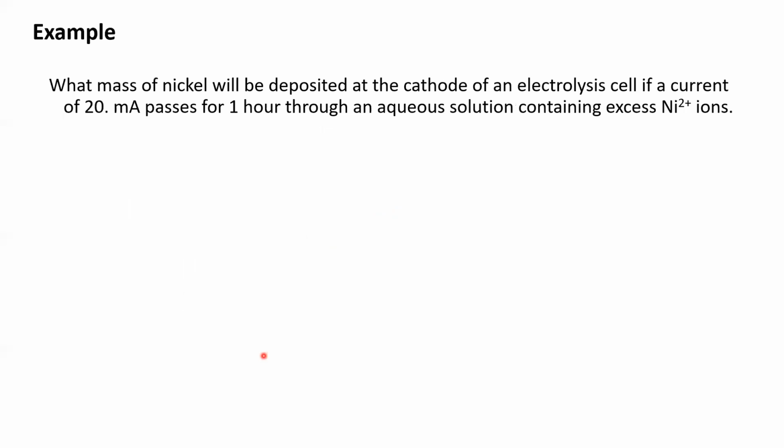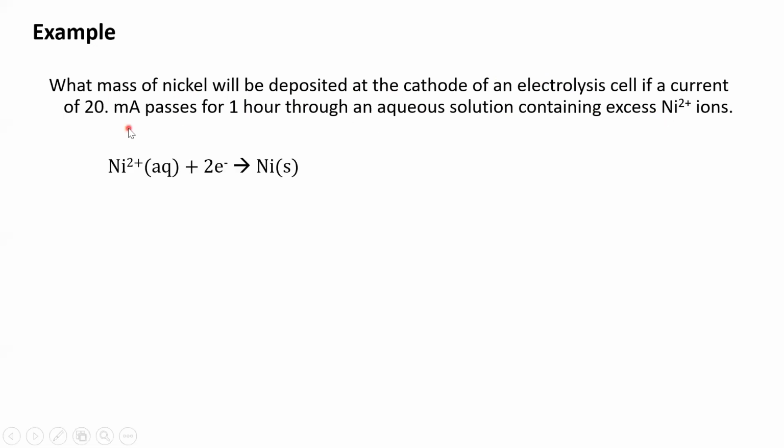So let's put all of that together, and it's going to look like a stoichiometry problem. What mass of nickel will be deposited on the cathode of an electrolysis cell if a current of 20 milliamps for 1 hour flows through an aqueous solution containing nickel ions?